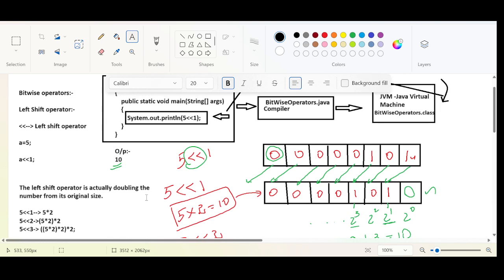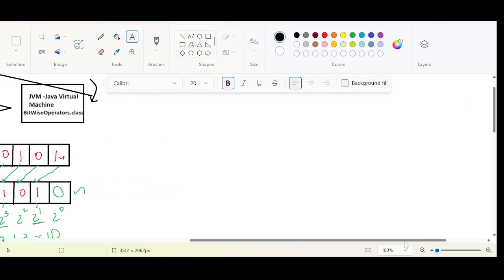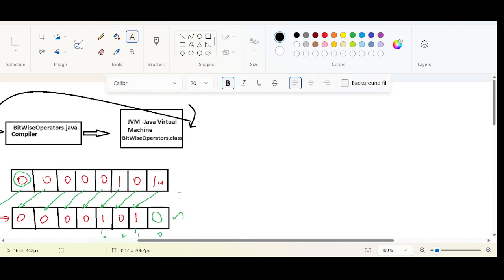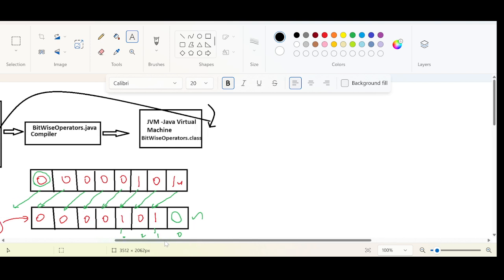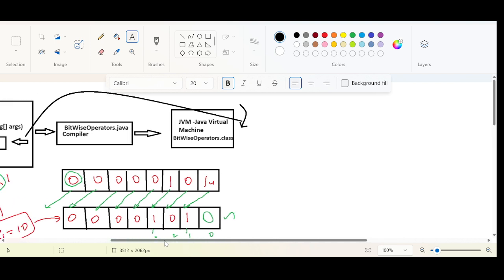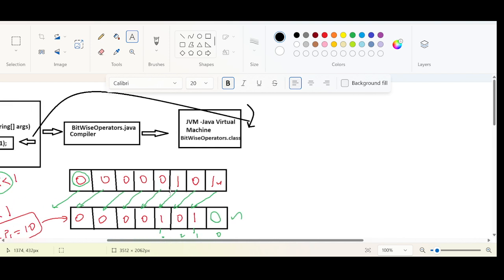Okay. And again, I know that so many questions would be running at the top of your mind. Why are these things really necessary? You will understand this usage more in the future classes, because these fundamentals are going to help us in solving data structures and algorithms problems.